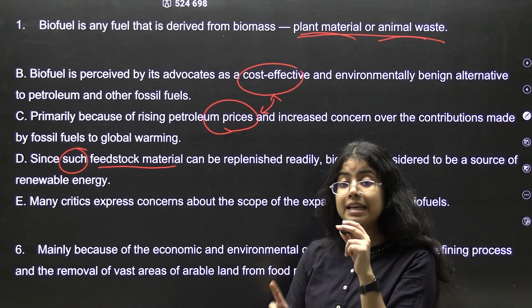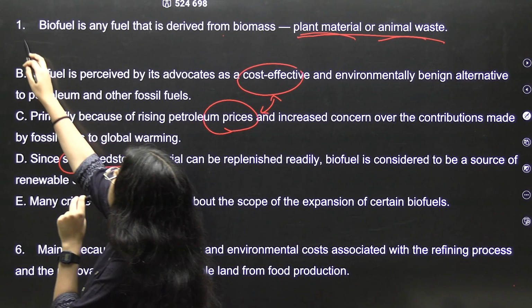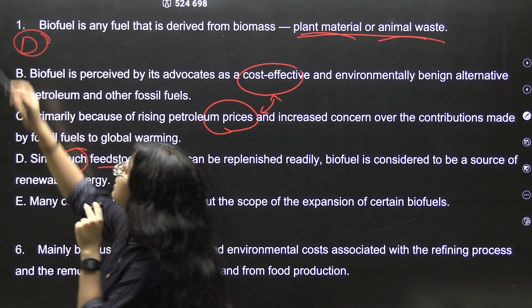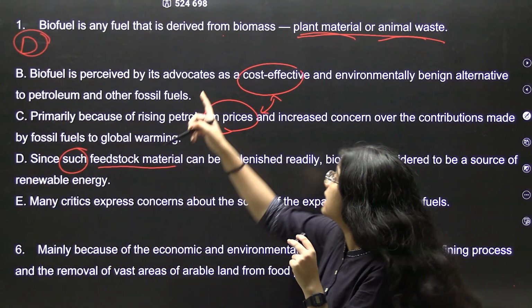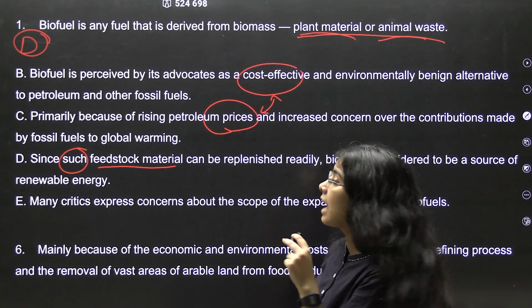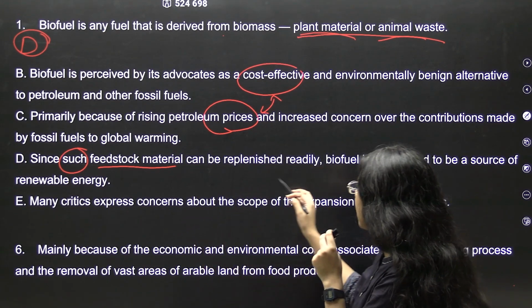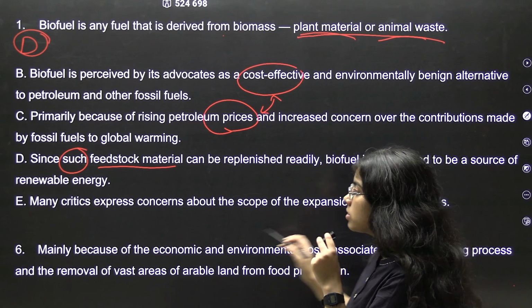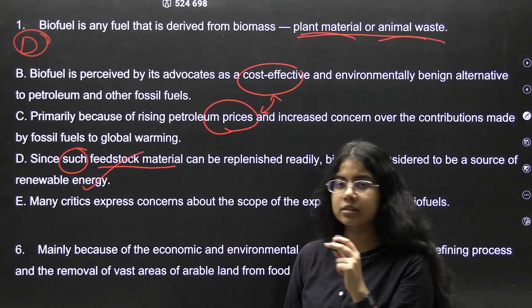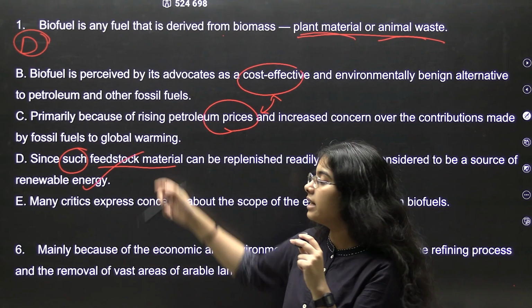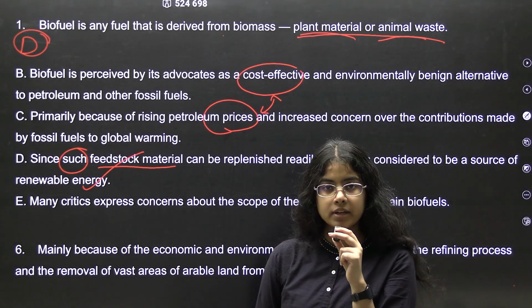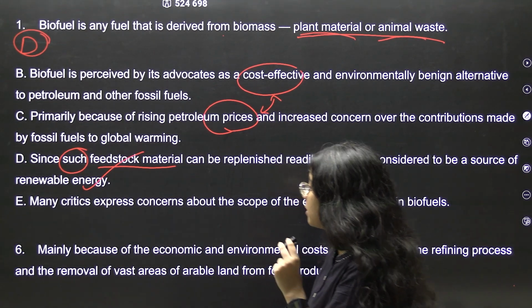So 1 and D is a link. D should directly follow 1. Right? The sentence ends with plant material or animal waste, and D starts with, since such material can be replenished, it is also a form of renewable energy. Mil gaya. 1 and D are a pair and they are now together. Wonderful. Let us see others.